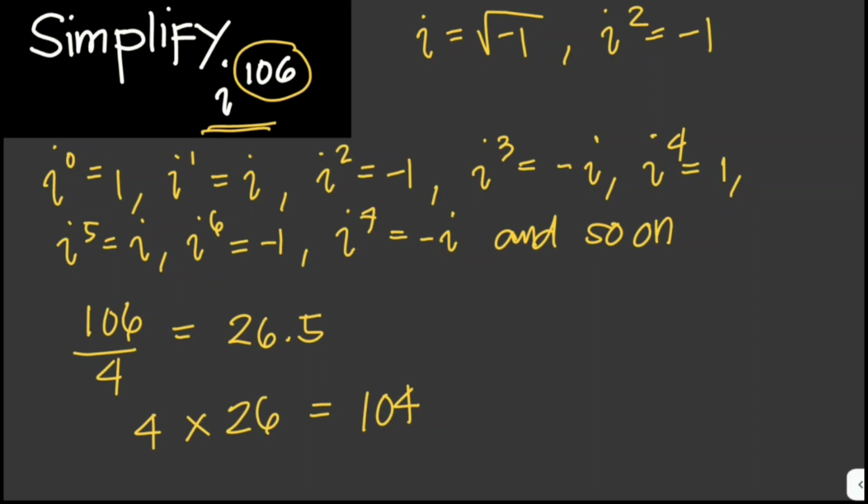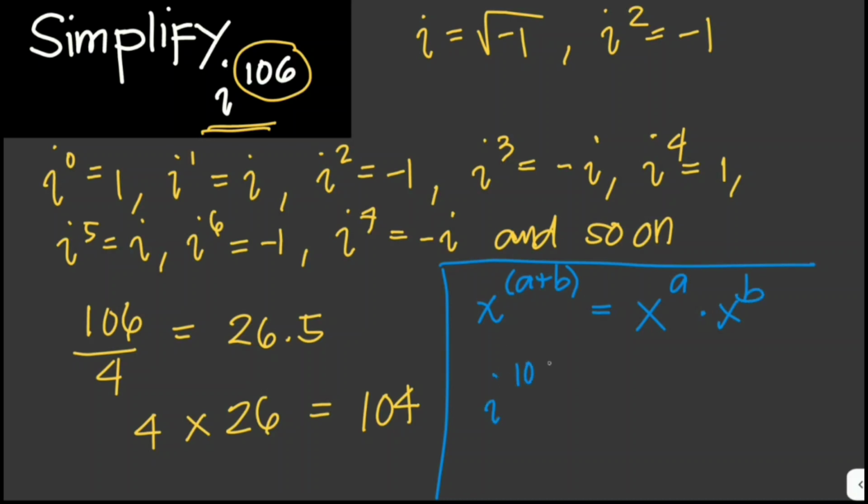Now we can calculate the power of i here. We just have to expand the power using this rule: x to the power of a plus b can be expanded as x to the a times x to the b. Therefore, i to the 106 can be written as i to the 104 times i squared.